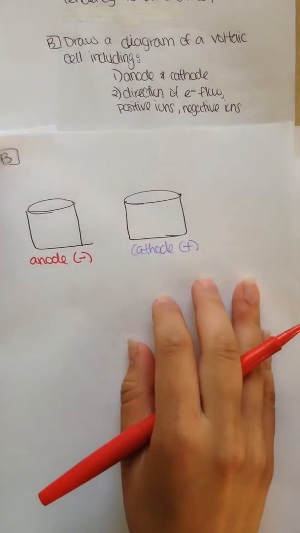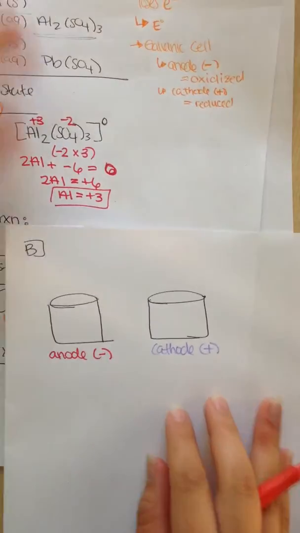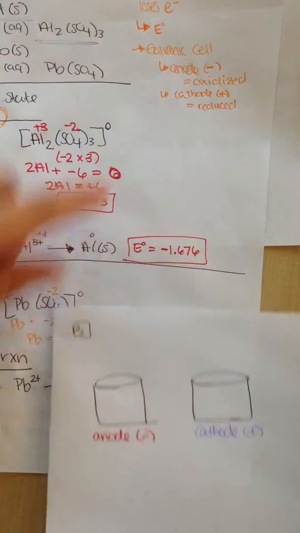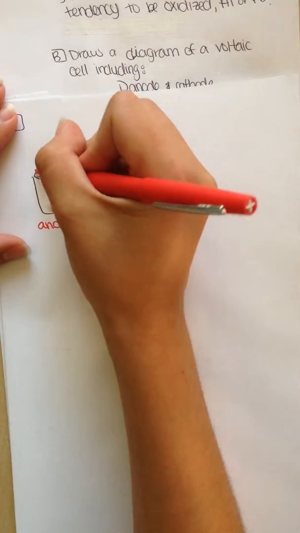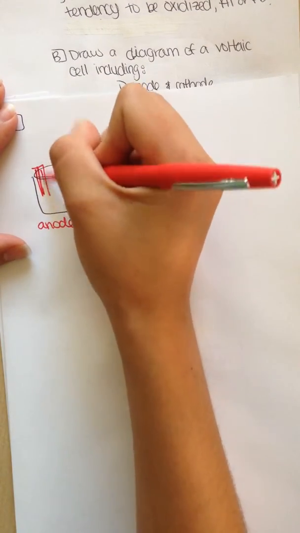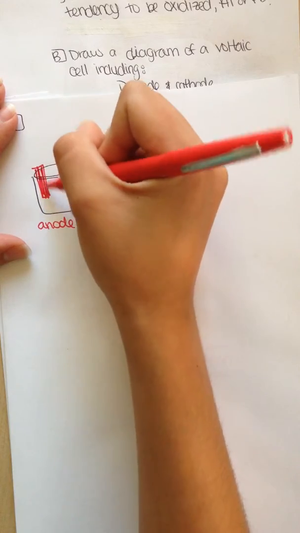The anode, as we concluded, is the more negative, which means it's aluminum. So we're going to draw the aluminum metal solid.